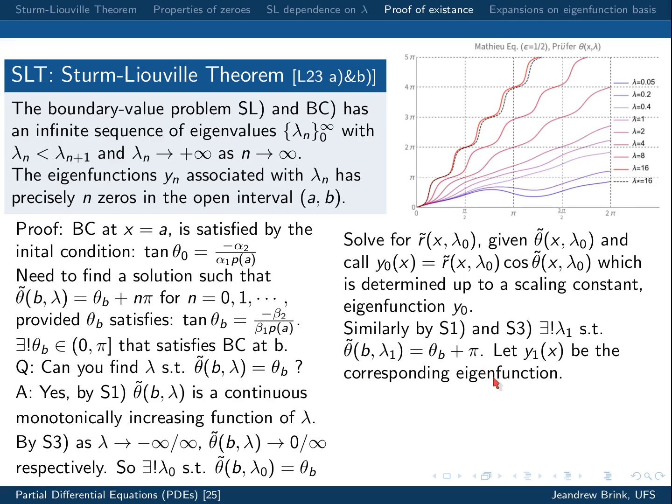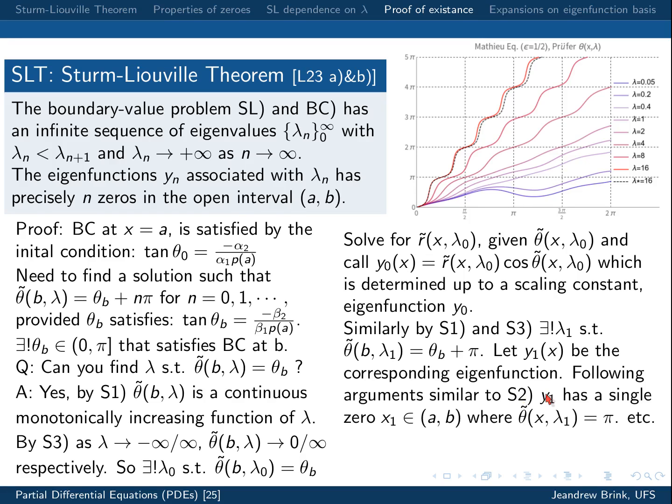And what you do know is, because of the way we explored the zeros in S1, that y1 has a single zero, because your initial condition is 0, or in this region, and your solution is greater than pi, between pi and 2 pi. y1 has a single zero, x1 in AB, where theta tilde x lambda 1 equals pi.